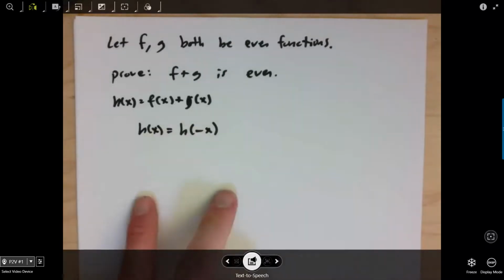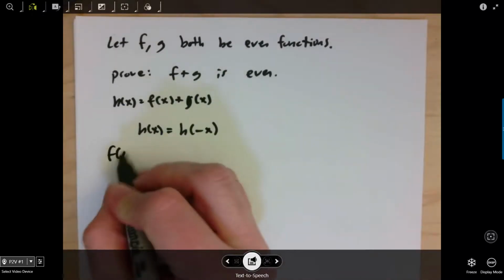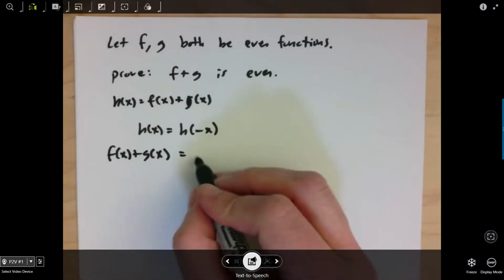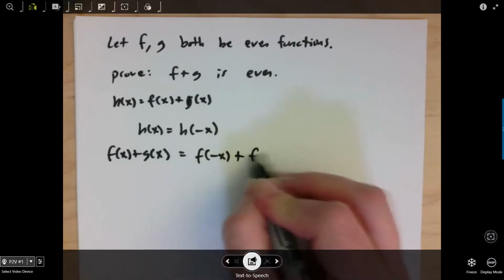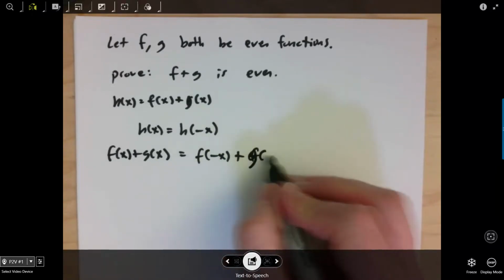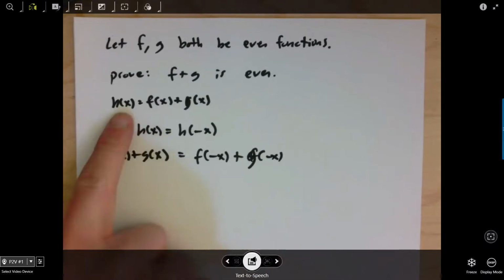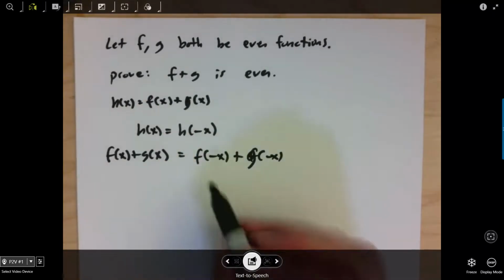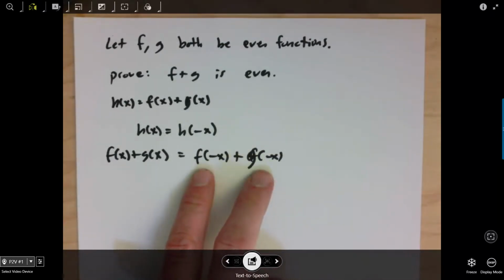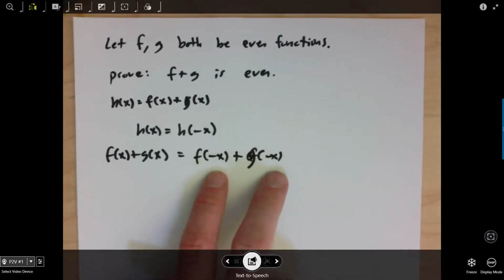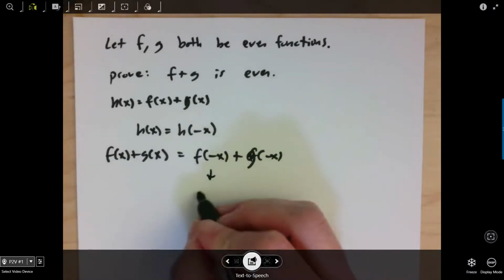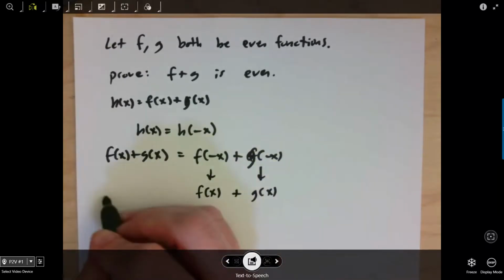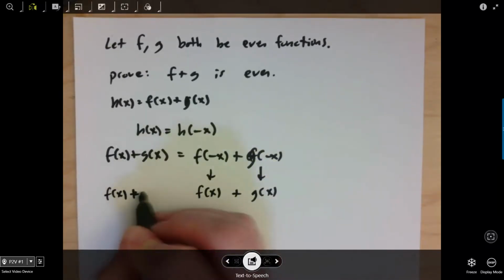Well, let's just expand both sides. So h is the same thing as f plus g. And now this side is the same thing as f of opposite x plus g of opposite x, because I took the definition of h of x and I substituted in negative x. Because I know that f and g are both even functions, they also satisfy the definition of an even function. So this is the same as f of x, this is the same as g of x, and that's been a very easy proof.